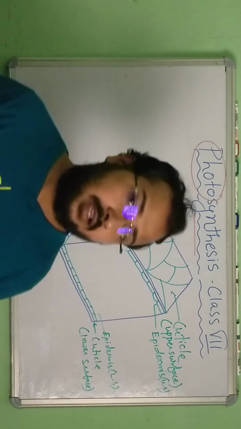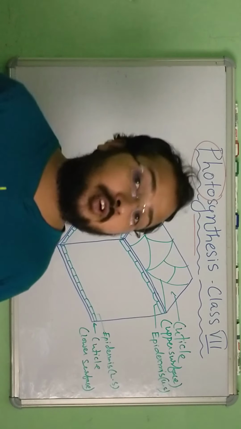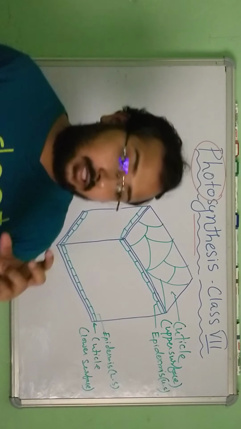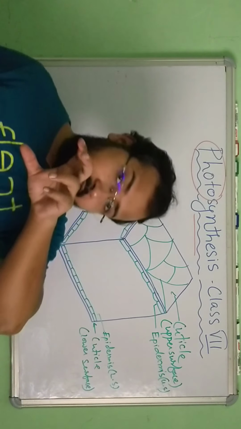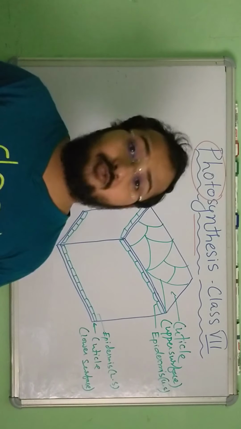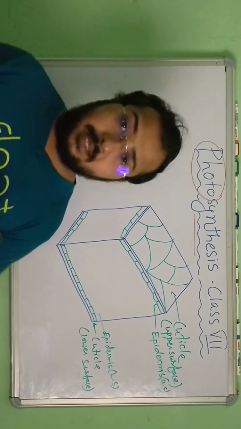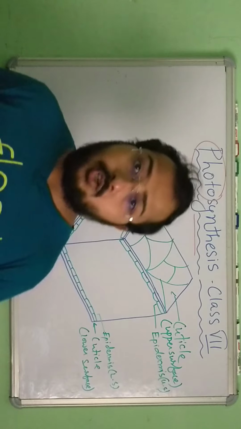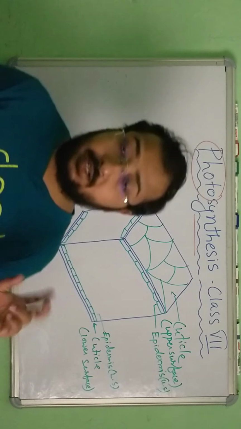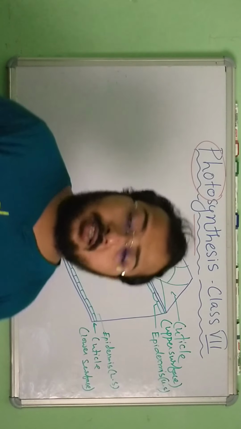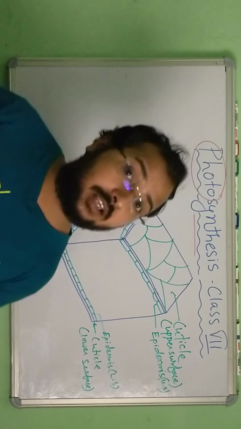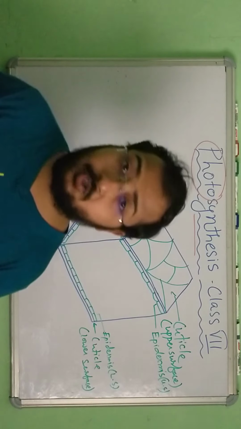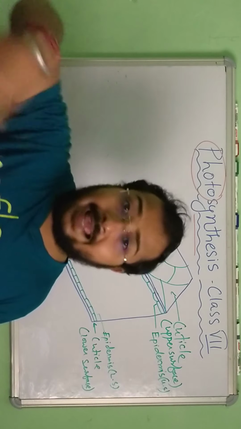Transpiration, what did I say? It is the releasing of the excess amount of water, right? Now, if the cuticular layer is thick, then the transpiration would be less. And if the cuticular layer is thin, transpiration will be more. So mainly in desert plants, xerophytic plants, the cuticular layer is very thick, so it reduces transpiration because that area already lacks water.